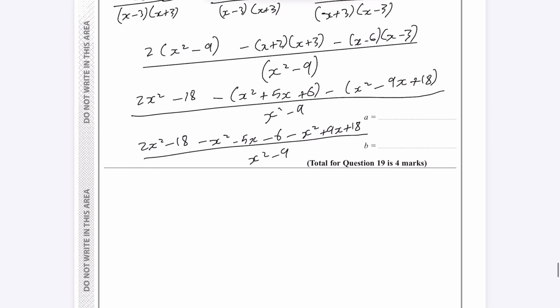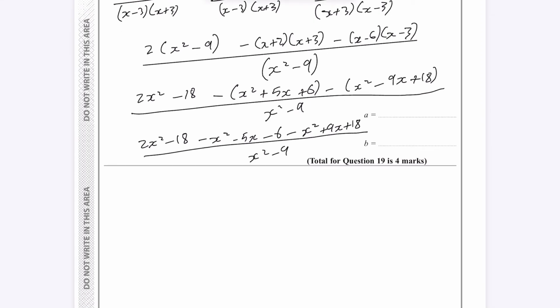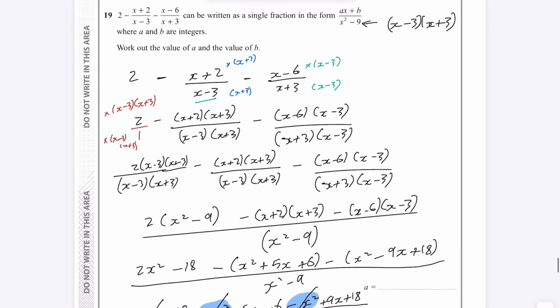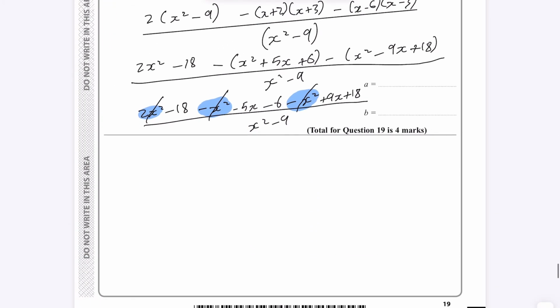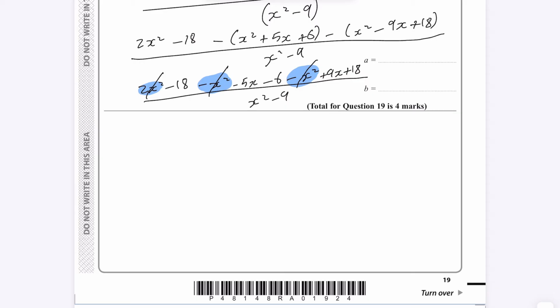So now if I collect the terms, I'm just going to use my highlighter here just so we are clear. There's that one there, which is an x squared, and that one there. If you look at them three, that's 2x squared minus x squared minus x squared, so that becomes 0. We can cancel all of that out, so we don't have any x squared terms. That's good, because the form the answer wanted doesn't have any x squared terms in the numerator either.